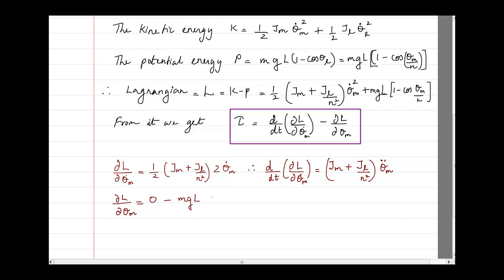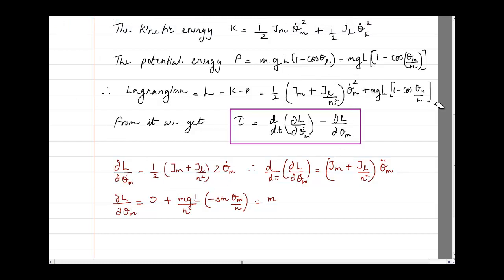The second term mgl will remain as such. And the inside term, so this was plus, the inside term is going to become minus, the cos becomes sine, of theta m by n, and finally, since it's with respect to theta m, that n will come outside, so I will get by n. I should not write small m, I should write capital M, sorry, here and all.